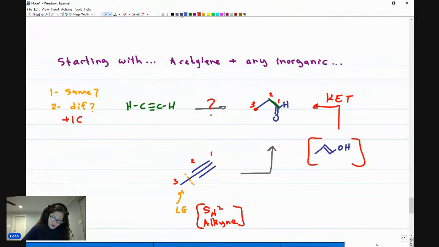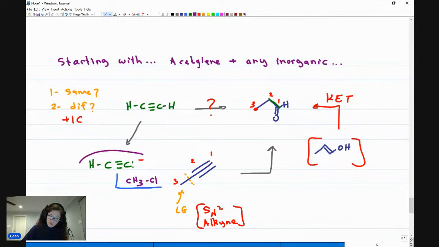So first I have to activate my alkyne, so that I deprotonate the terminal hydrogen to give me HCC with a lone pair and negative charge. Now I want to react it with whatever I'm adding, which in this case is just one carbon. So I'll put a CH3, give it a leaving group, we'll give it a chlorine, and that's it. I have my acetylide. It attacks via SN2 reaction. I get my alkyne. I then react it to get the aldehyde.